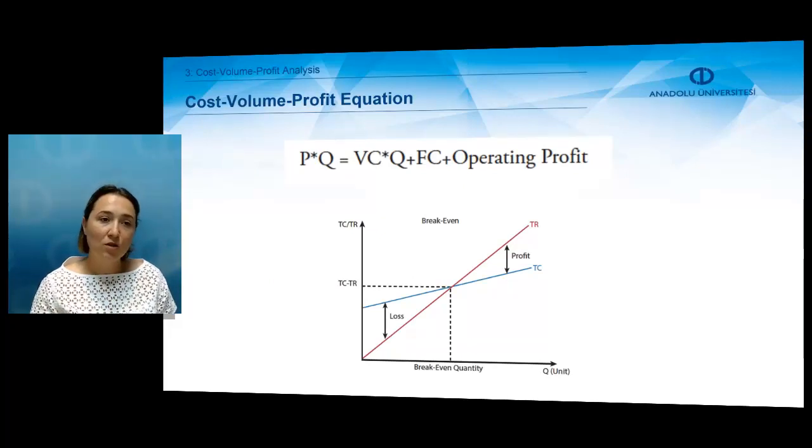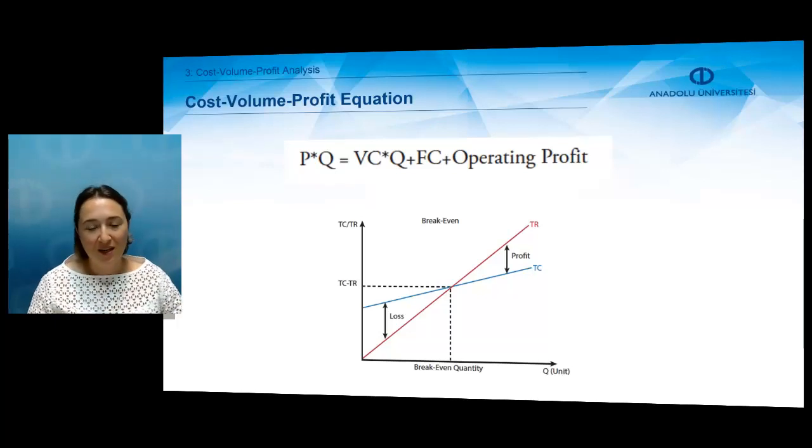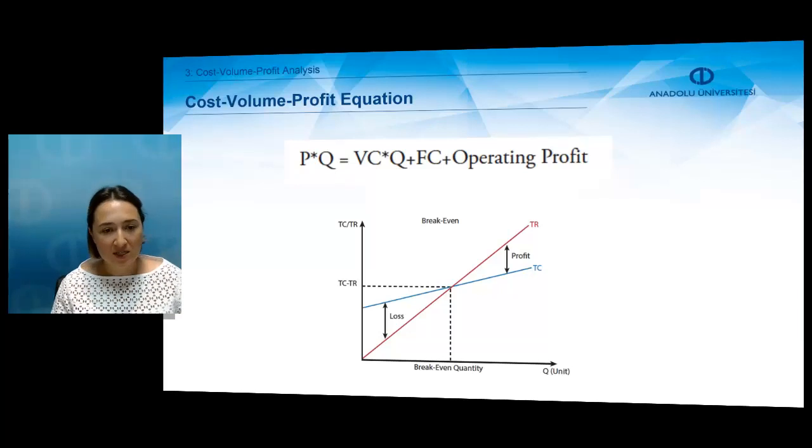This is the cost volume profit equation. This equation tells us so many things in this chapter, where P is the sales price per unit and Q is the quantity produced and sold. If we multiply them, we have P multiplied by Q, that is the left-hand side of our equation.